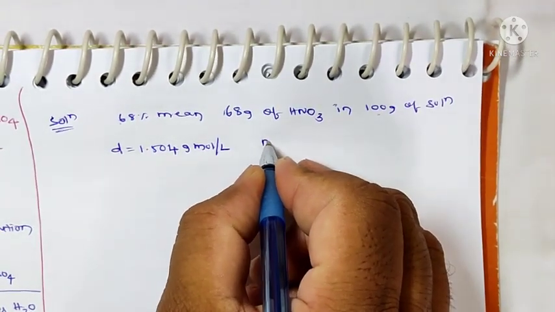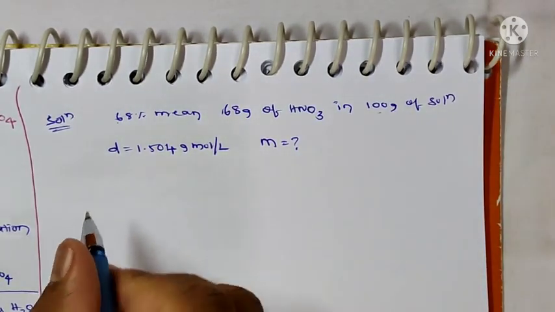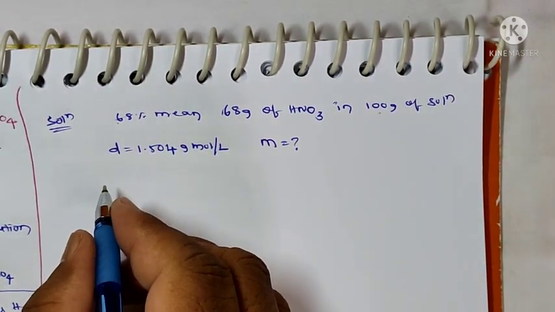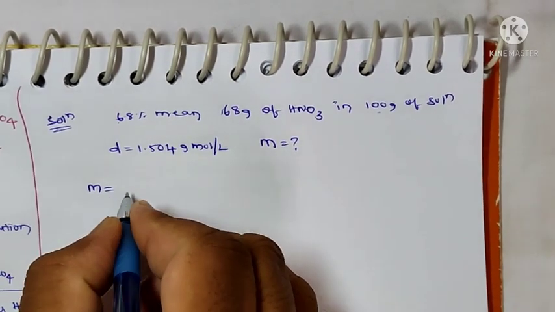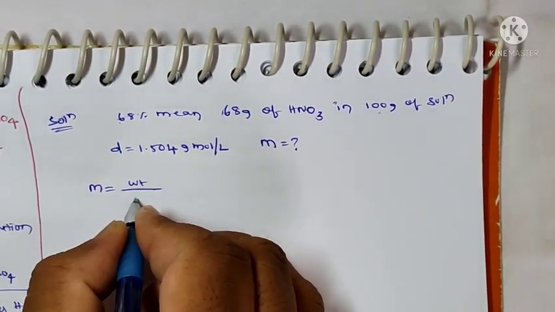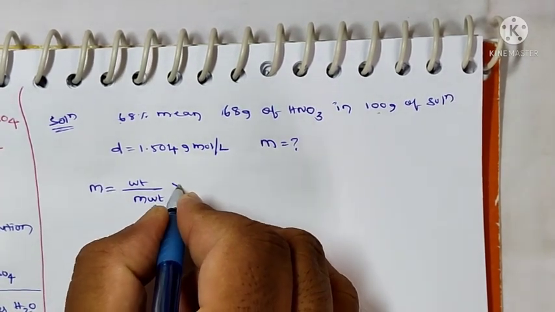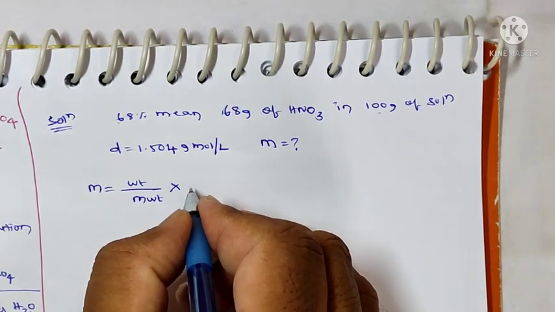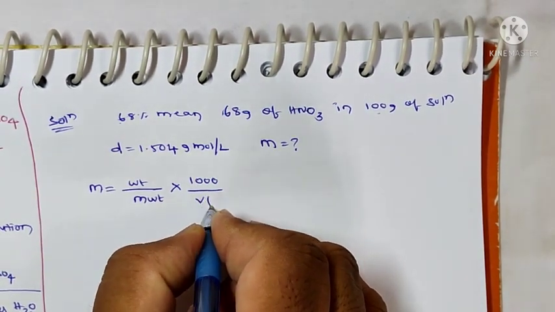Now we have to find out the molarity of the solution. So we know the formula of molarity: molarity is equal to weight by molecular weight into 1000 by V in mL.